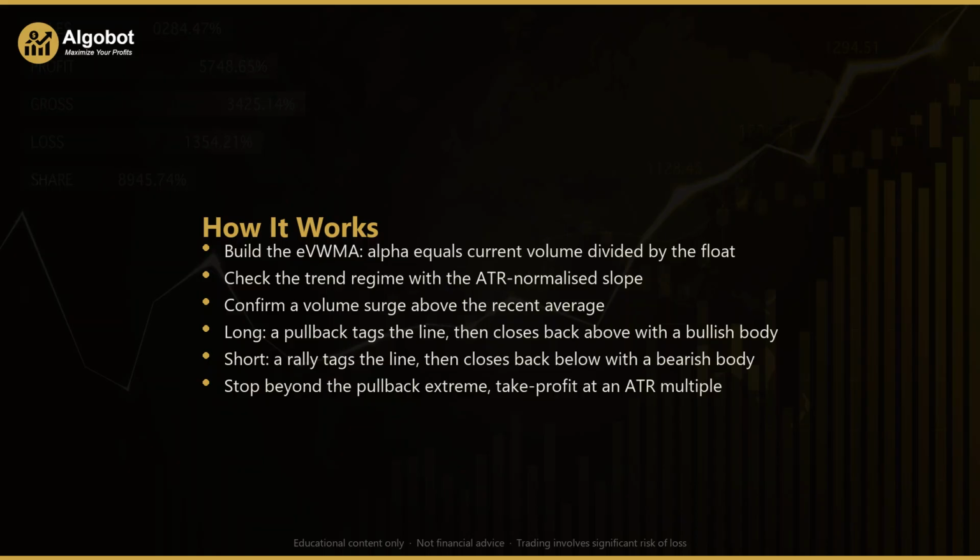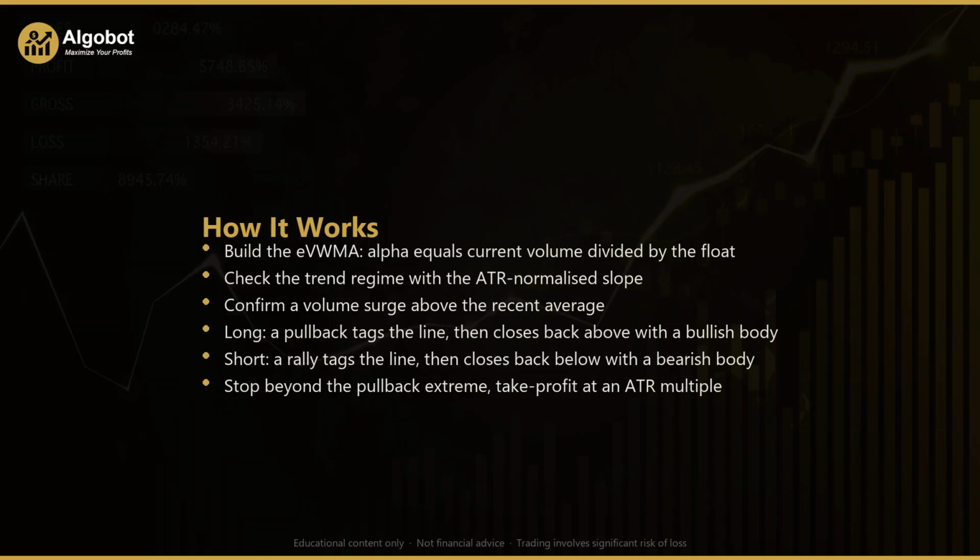It then divides the current bar's volume by that float to produce a number called alpha. When a heavy volume bar prints, alpha is large and the line snaps quickly toward price. On quiet, thin bars, alpha is tiny and the line simply coasts along. In this way, the eVWMA behaves like a fair value line that follows conviction rather than the clock.